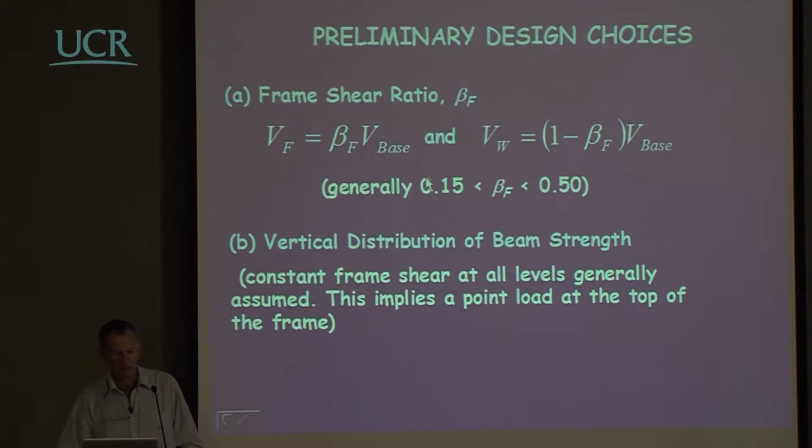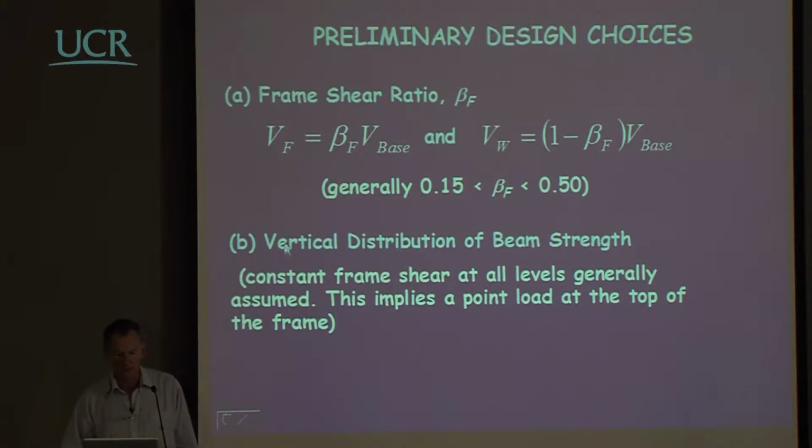And generally, how much of it is carried by the frames, that's less than 50%. So the walls will be the basic seismic resisting system, and the frames will carry a lesser proportion of it.